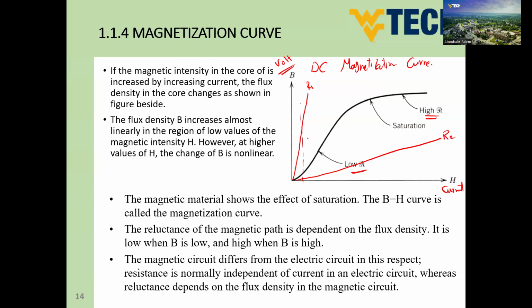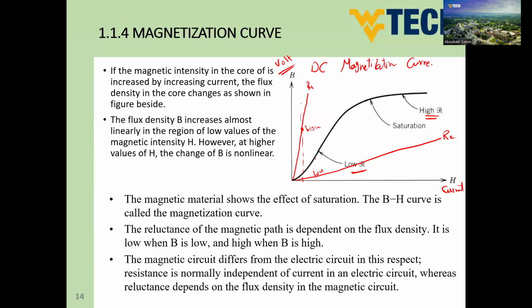So this means here you have high volt with the same current. Here you have low volt with the same current. So this means this is low R, this is high R.